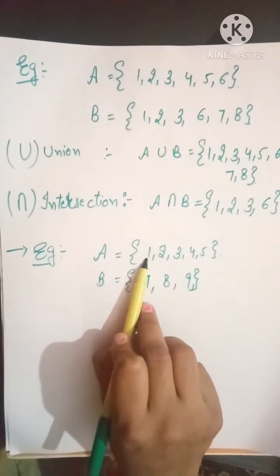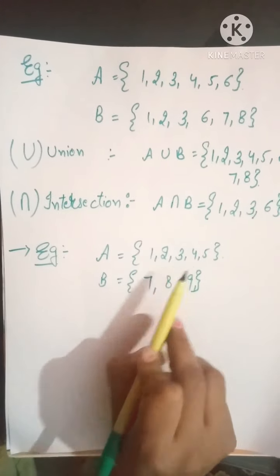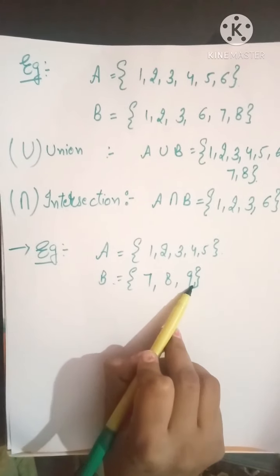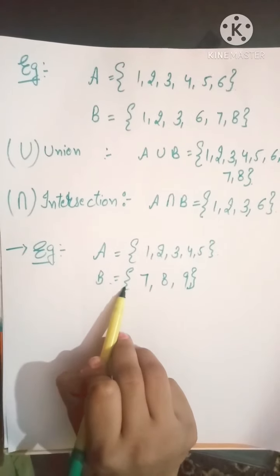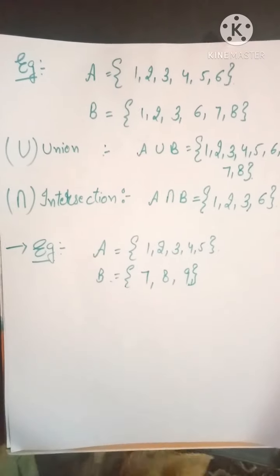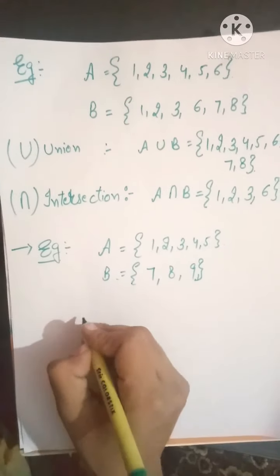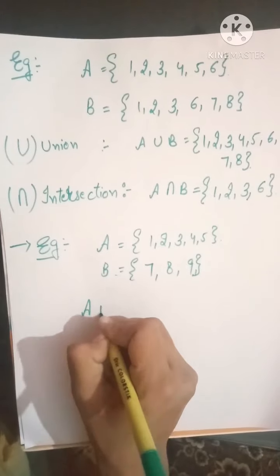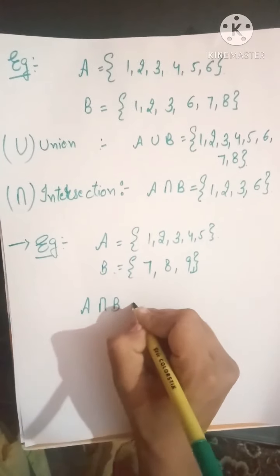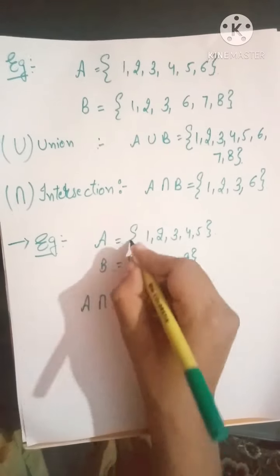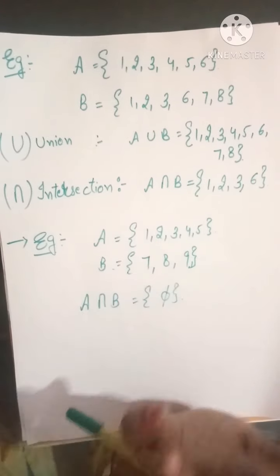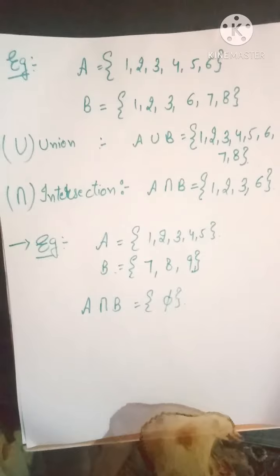If set A has elements 1, 2, 3, 4, 5 and B has elements 7, 8, 9, clearly it can be seen that sets A and B have nothing in common. So I can write A intersection B is the phi set, because these two sets don't have any common element.